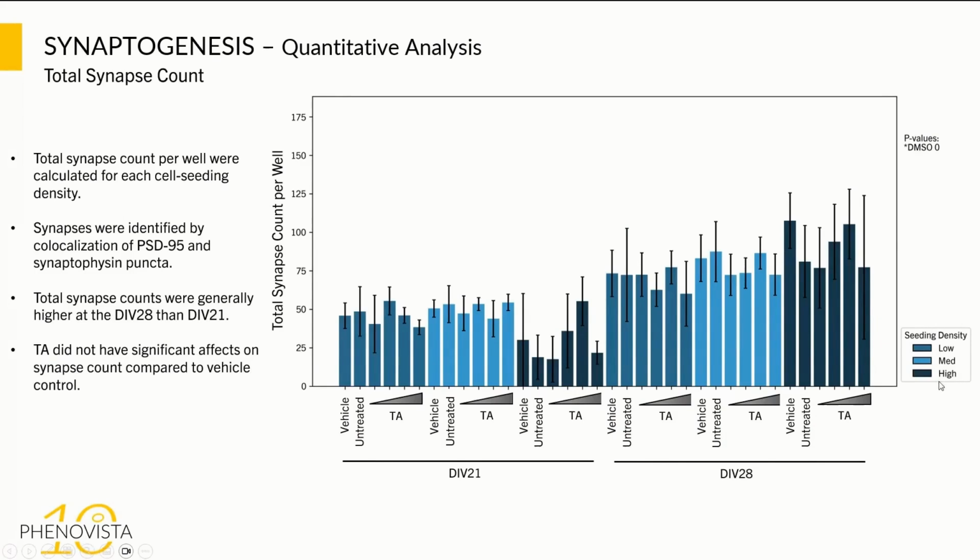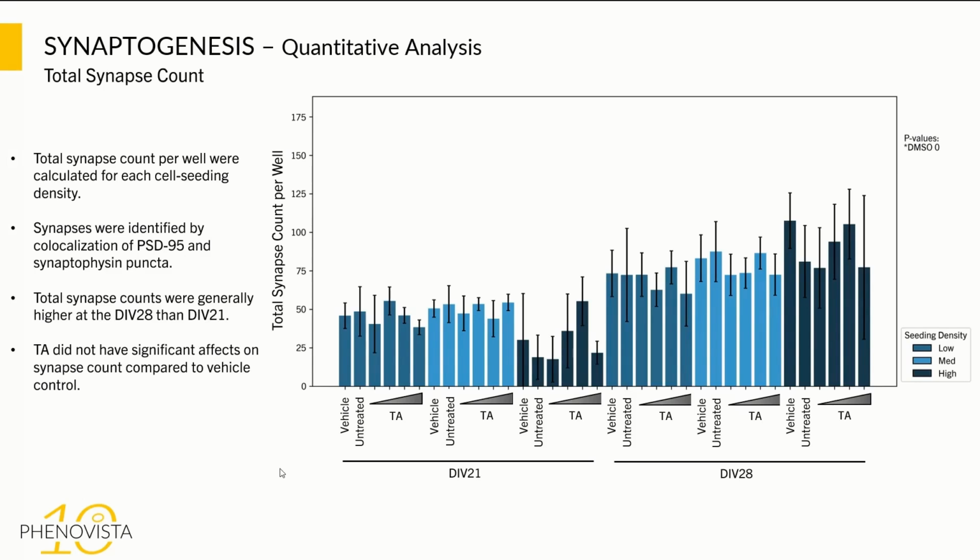You want to test a few different conditions to figure out ratios and what would be a good density of cells for us to still be able to measure and count clearly those synapses and be able to distinguish between neurites and cell bodies. So overall here, we have plotted the total number of synapses per well for each of these cell seeding densities. And again, they were identified by looking for co-localization of those 2 markers.